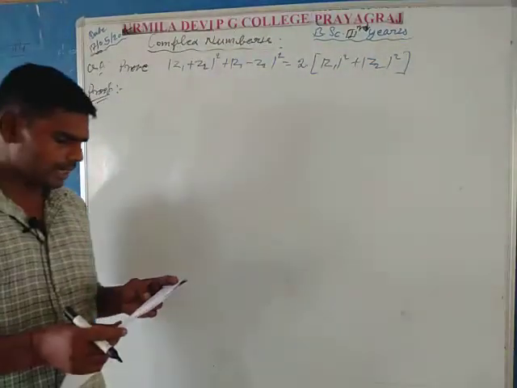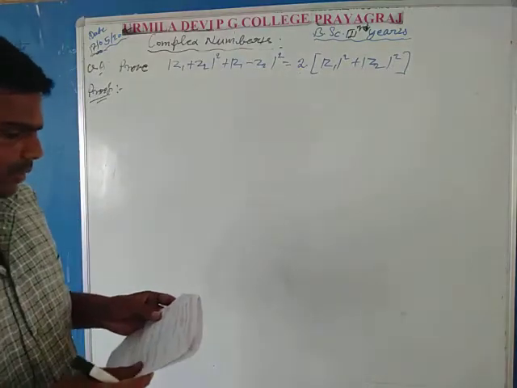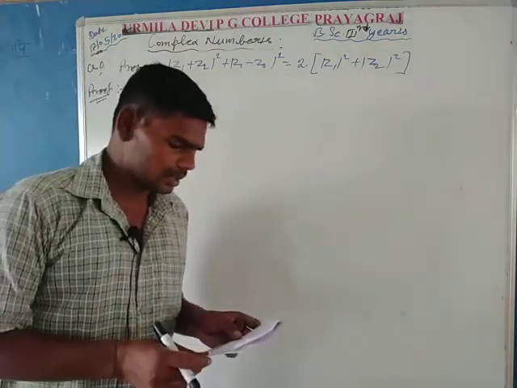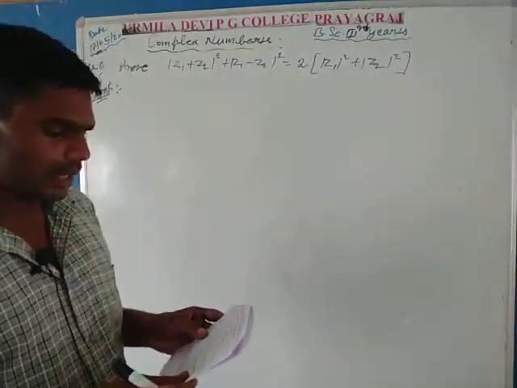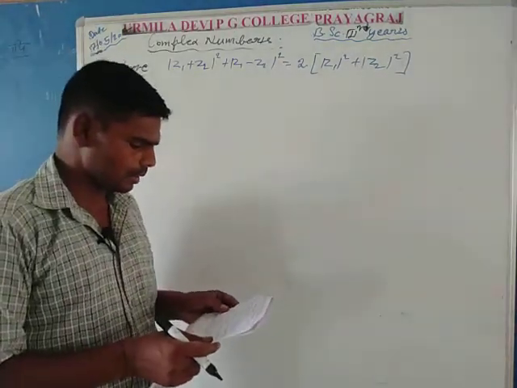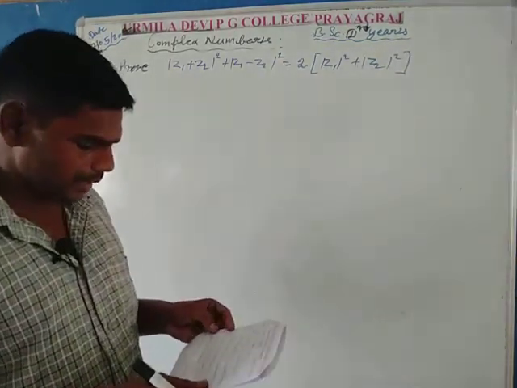In this question, prove that |z1 + z2|² + |z1 − z2|² is equal to 2 times (|z1|² + |z2|²). Okay.